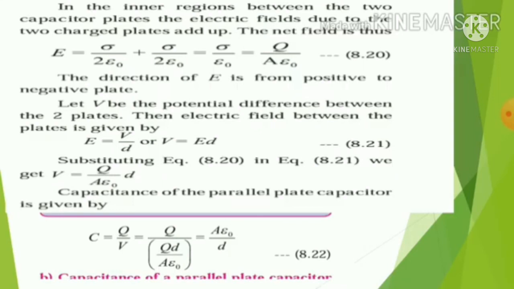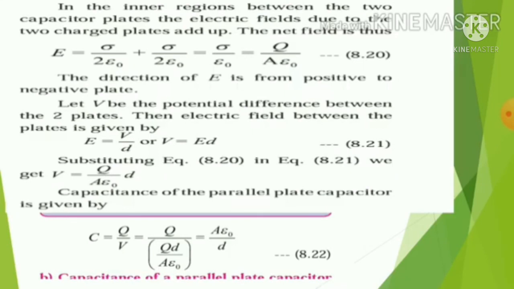Then the capacitance of a parallel plate capacitor is given by the relation between capacitance C, charge Q, and potential difference V: capital C equal to Q upon V.